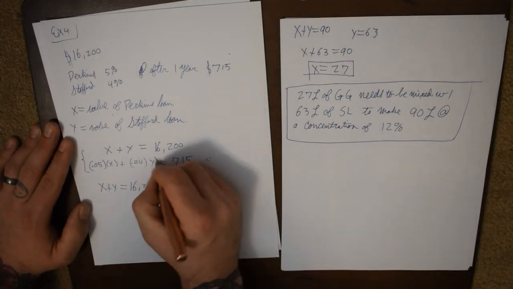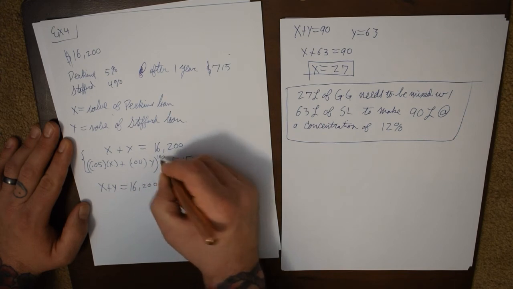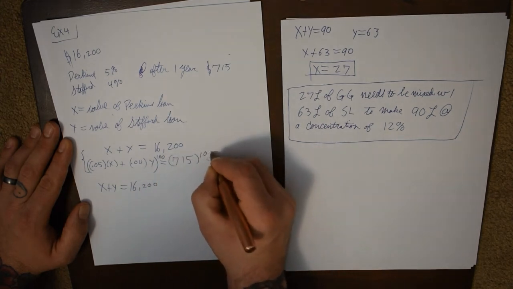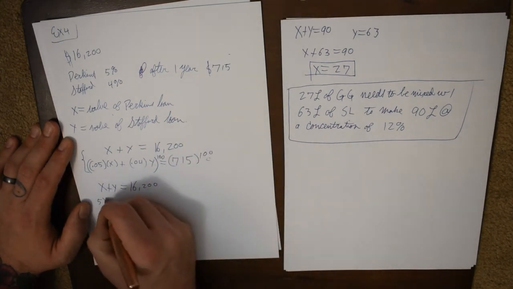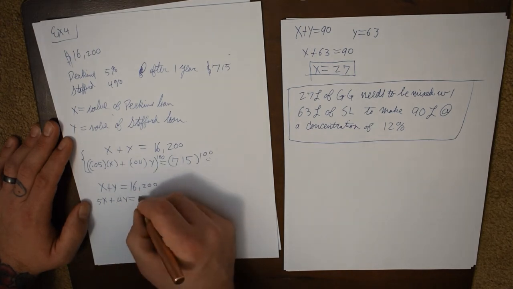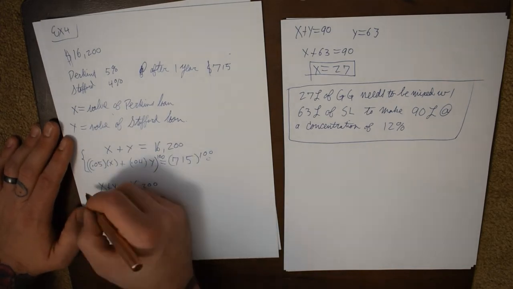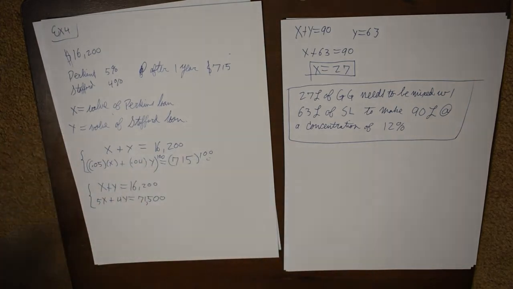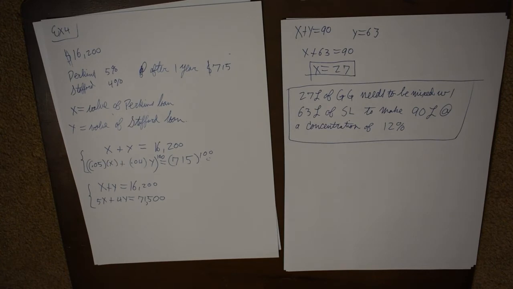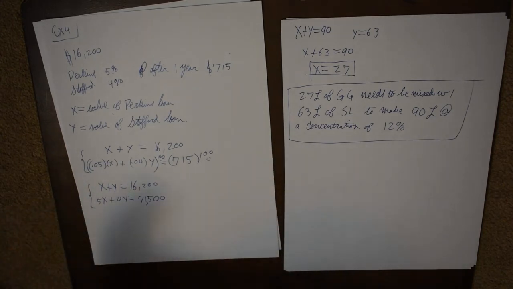I'm going to multiply both sides of this equation by 100, to get 5x plus 4y has to equal 715 with 2 more zeros. So this is our new system of equations. It's equivalent to the one above. It's just in a form that might be a little bit easier for me to work with.